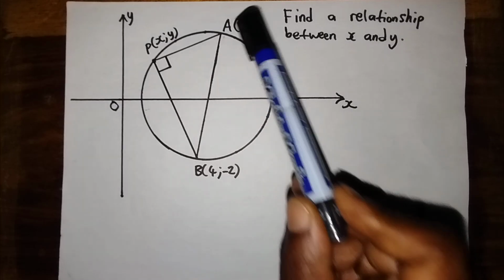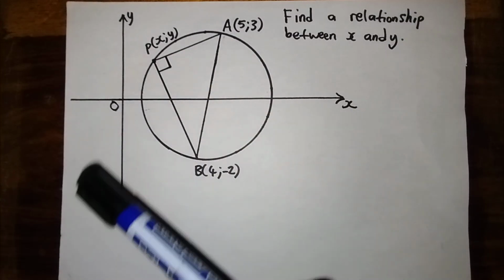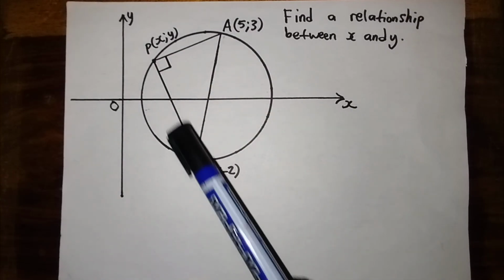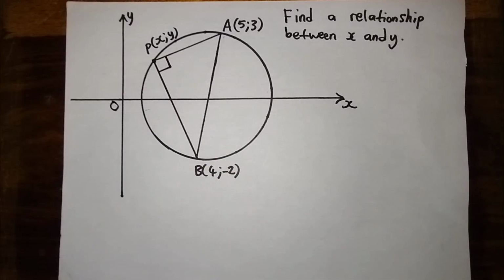So AP and BP are straight lines and they are perpendicular to each other. There is a property which states that the product of the gradients of perpendicular lines is -1. So we are going to use this property to find the relationship between x and y.